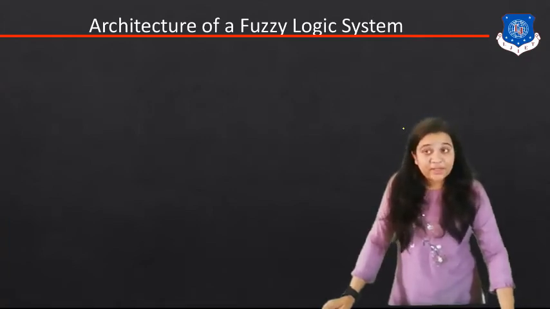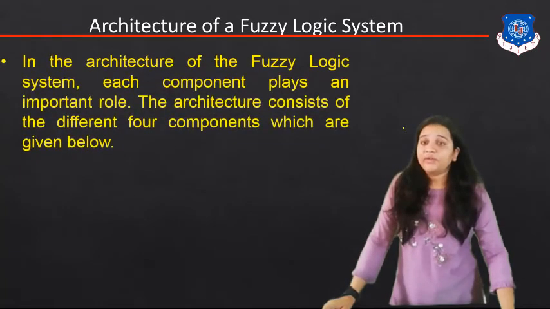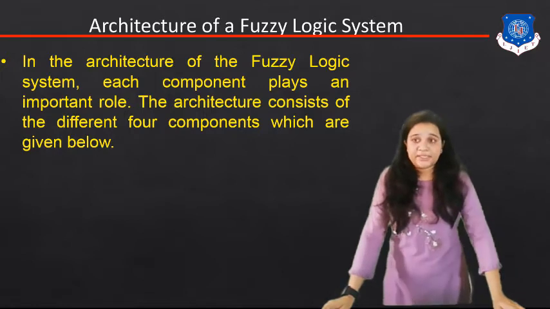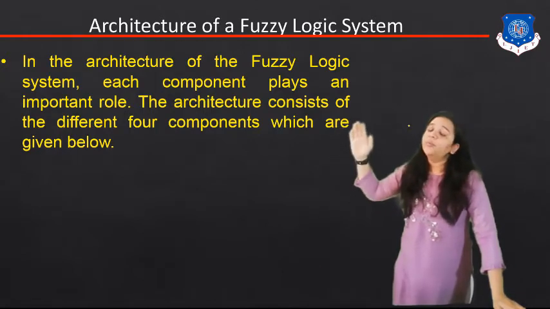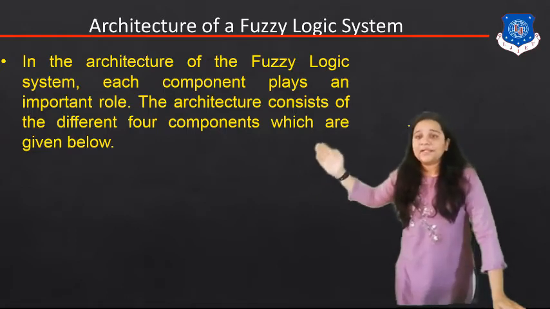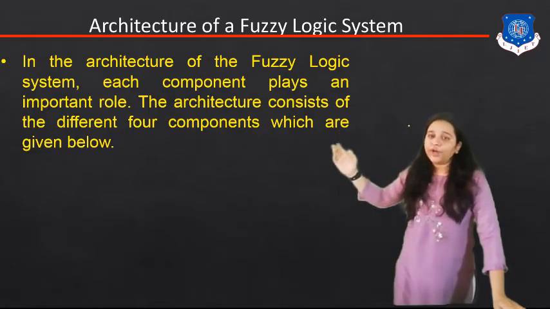Now the next one is the architecture of the fuzzy logic system. So how does fuzzy logic work? In the architecture of the fuzzy logic system, each component plays an important role. The architecture consists of four components.